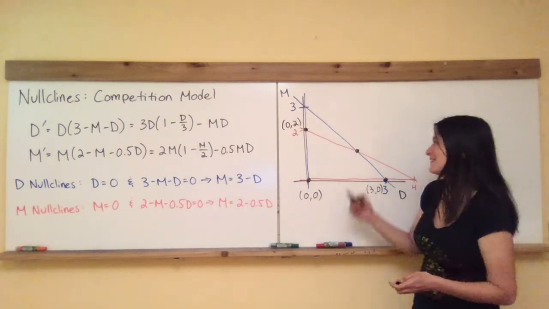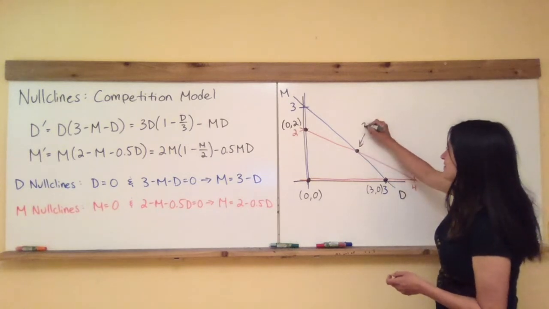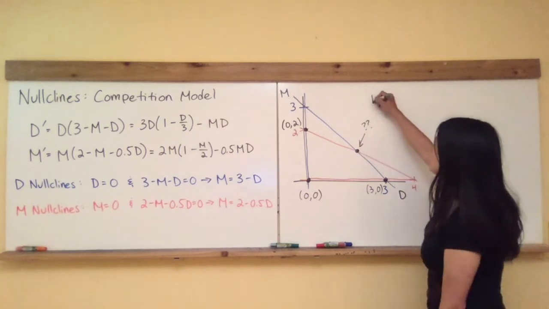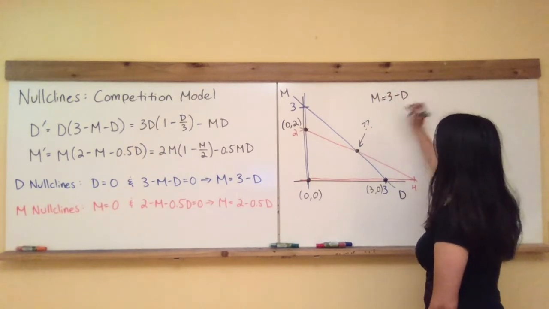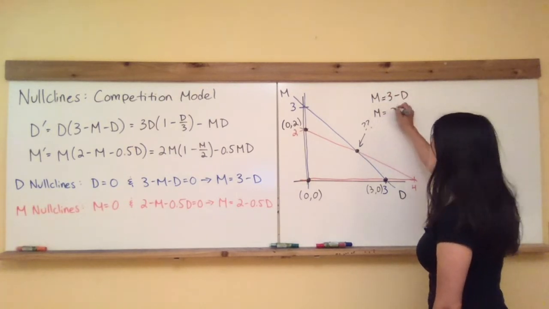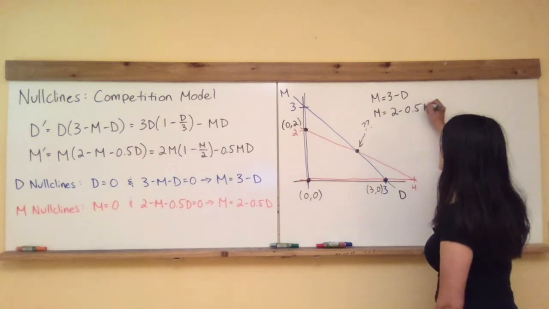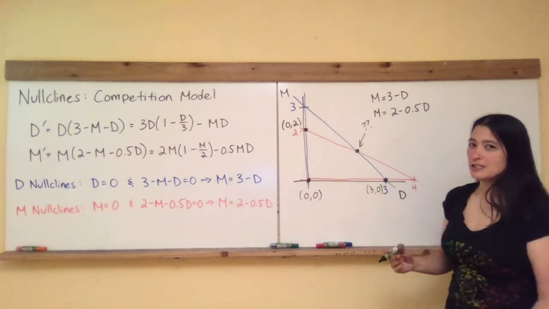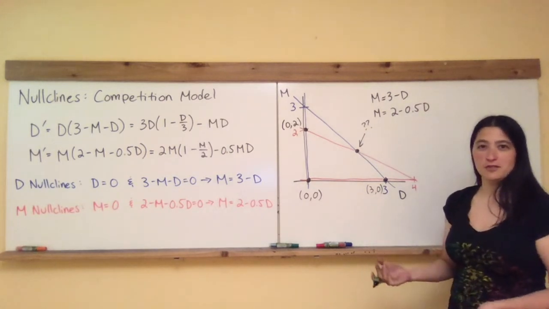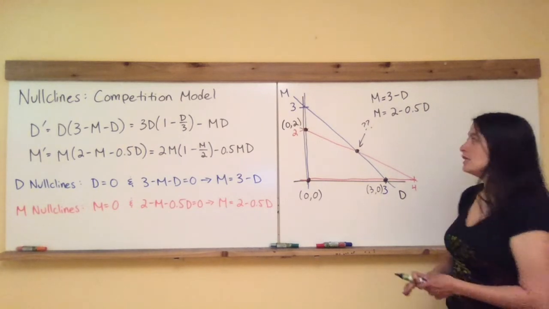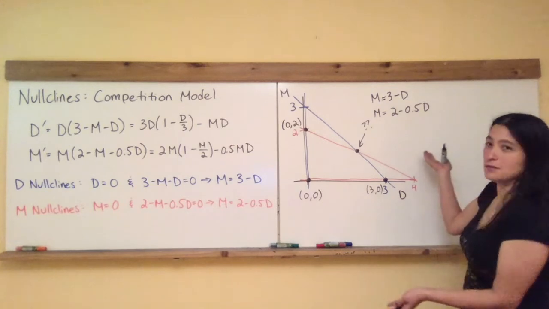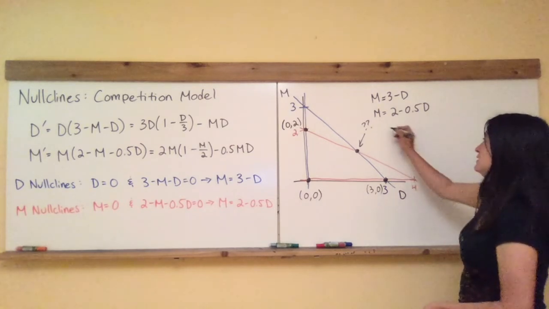All right, so let's try to find this value by solving these two equations simultaneously. So M is equal to 3 minus D, and M is equal to 2 minus 0.5D. Okay, and I want these two things to be true at the same time. There's a variety of different ways you can solve two simultaneous linear equations. For me, they're both equal to M, so I'll just set them equal to each other.